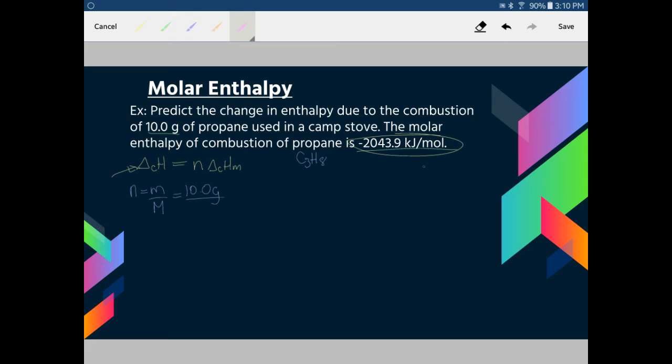Each carbon is 12.01, I have 3 of them, and I have 8 times 1.01 for hydrogen. And this would give me a total of 44.11 grams per mole. So 3 times 12.01 and 8 times 1.01 gives me 44.11 grams per mole.